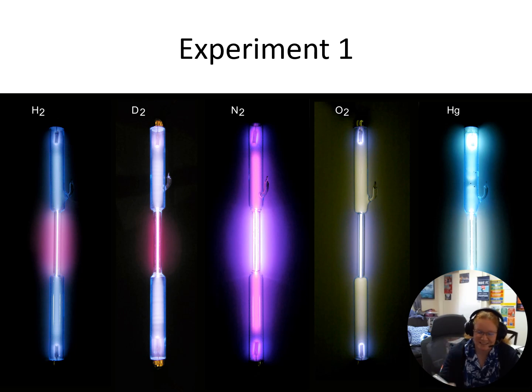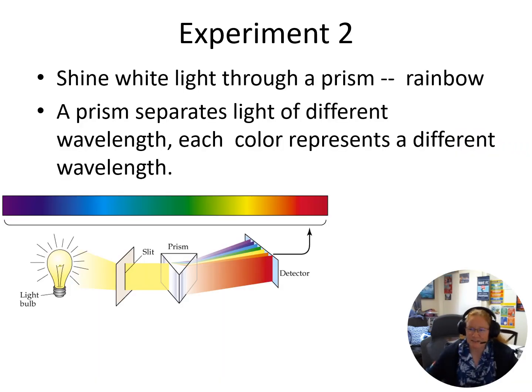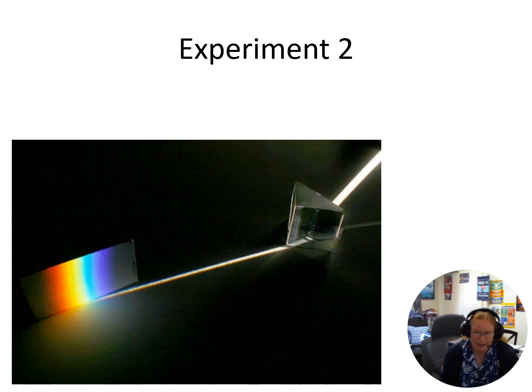Now, next experiment. I mentioned at the start of all of this that a prism can separate white light into individual colors. We get the rainbow. If I have white light shining into a prism, I get the full visible spectrum. So our third experiment: what if we take one of those cathode ray tubes with an individual element in it, shine it through a prism, focus the light through a slit, and then see what gets produced?